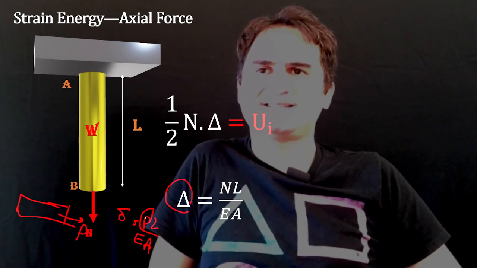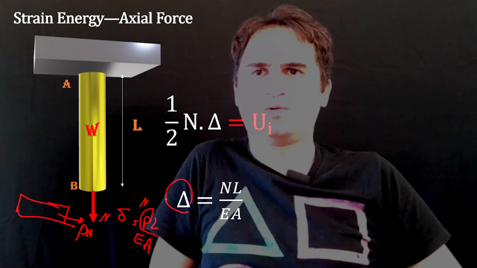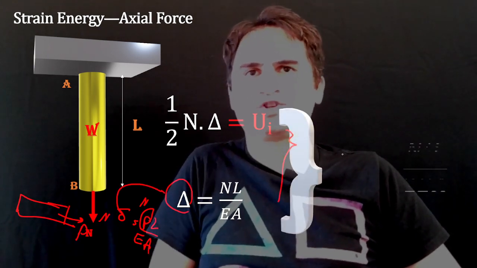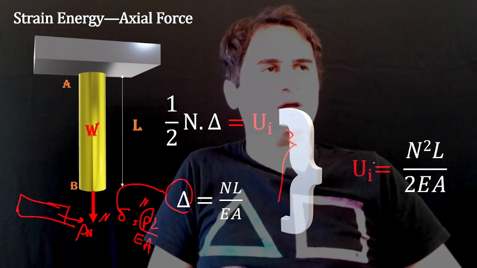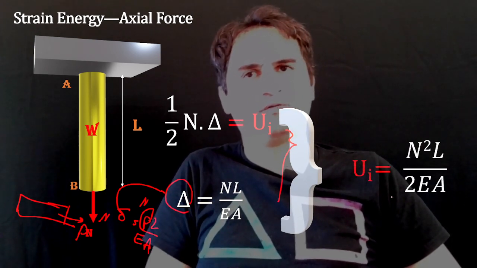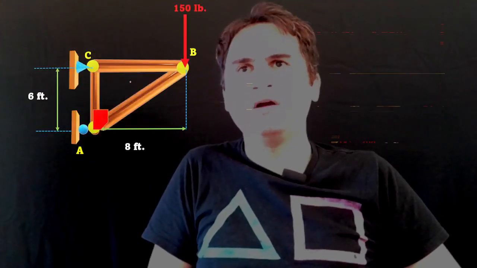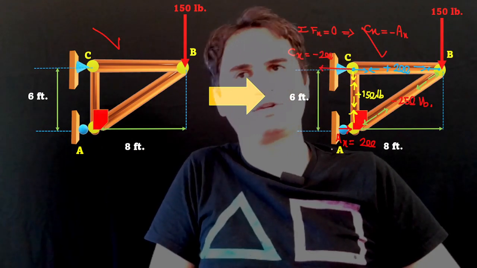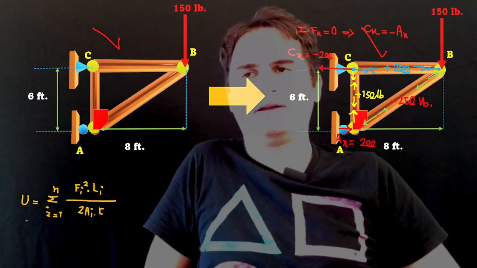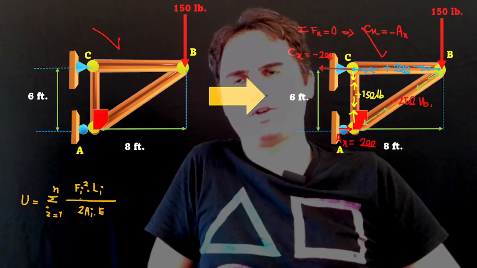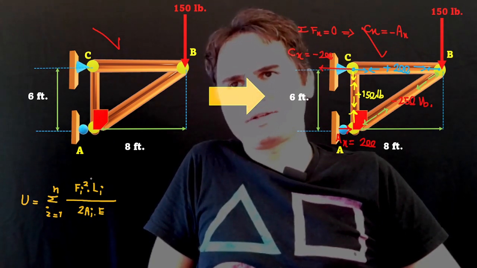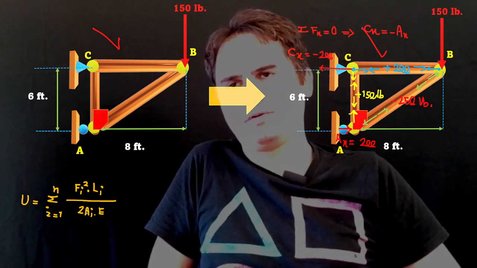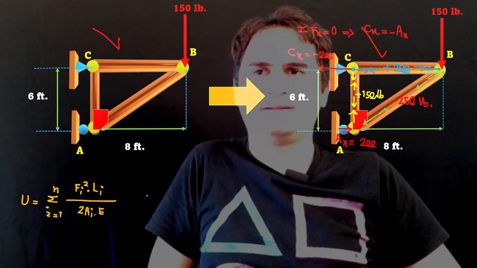By replacing P by N, because it's all force, and adding up these two equations, we get the internal energy as N squared L over 2EA. So for our original structure with the forces projected on it, U internal is the summation of Fi squared times the length of the member over 2E times the area of that member.